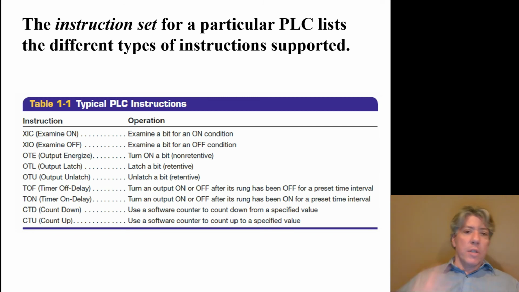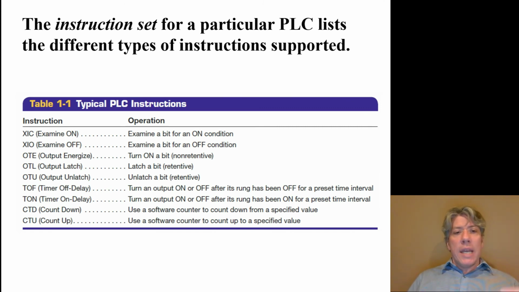That's the instruction that I've been showing you, where it just looks like a switch. Then there's the XIO, examine off, which is the set of contacts with the line through it. Those first two instructions are things you've already seen in ladder logic. Now don't worry, you don't have to go into the program and type XIC when you want a set of contacts. You just drag the instruction over into your code and use it.